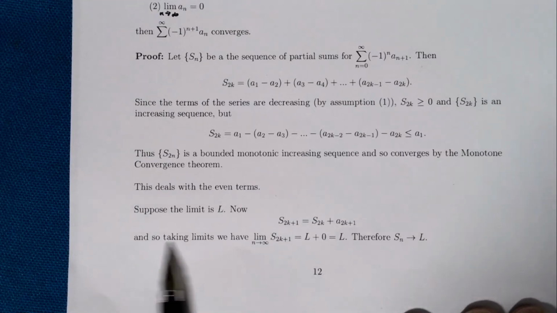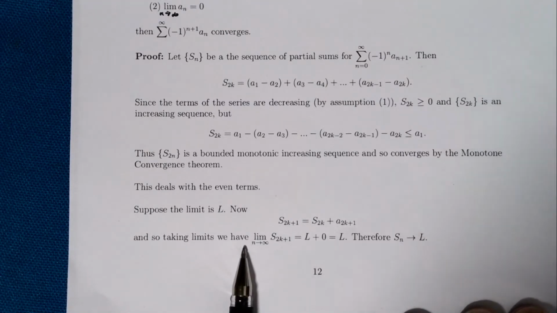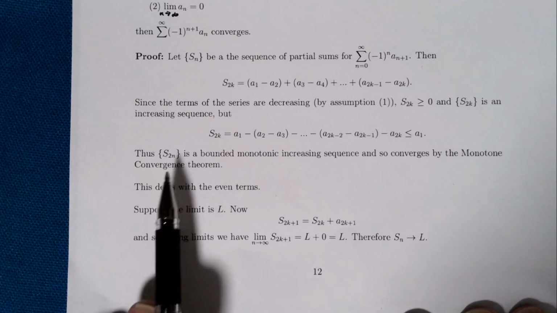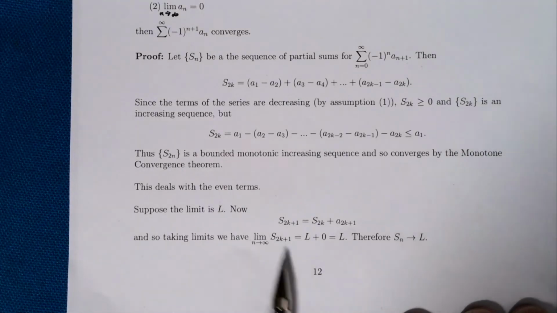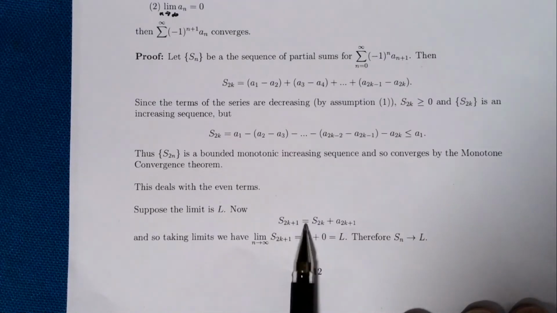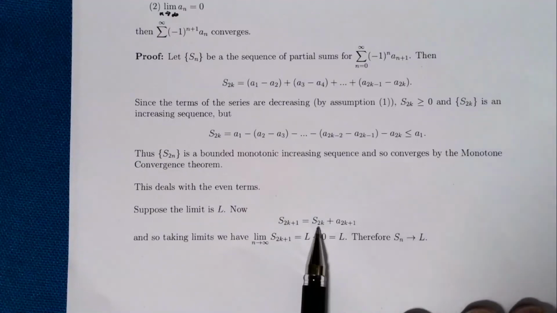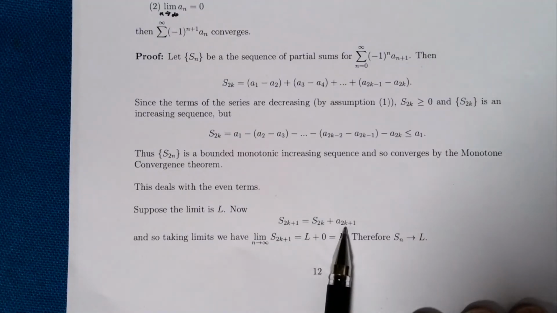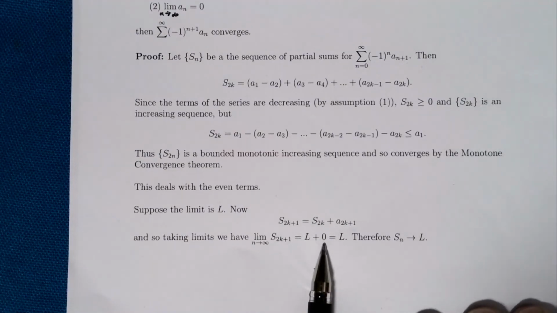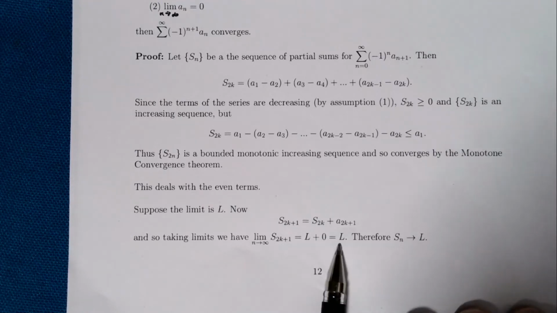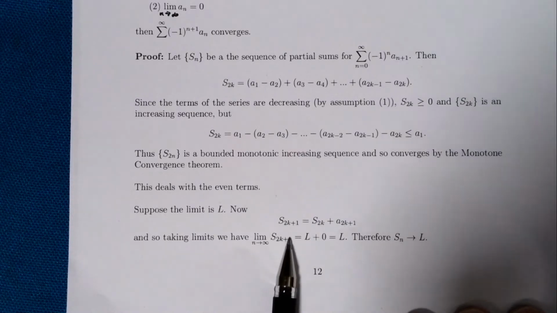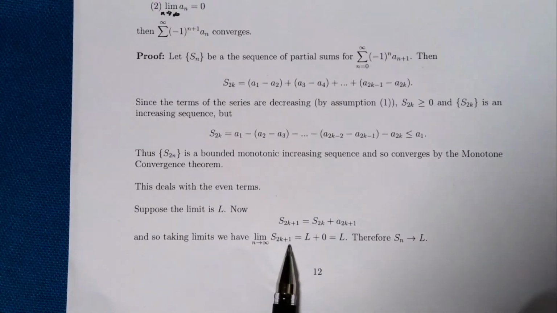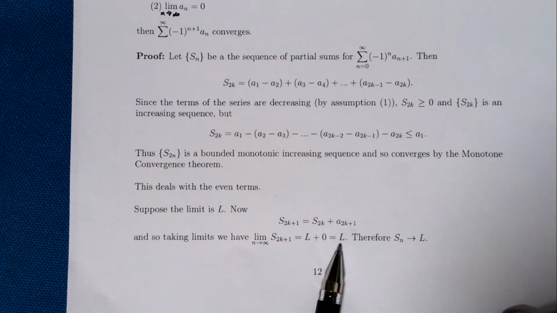If we now take limits, we've seen that this sequence converges to L, and the limit as n goes to infinity of the partial sums of the odd terms is the limit of this one, which is L, plus this limit, which is 0, that was by one of our assumptions, and that's L. And that means the partial sums of the odd number of terms also go to L.